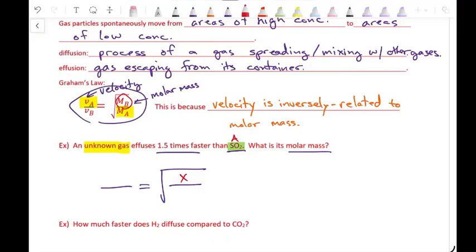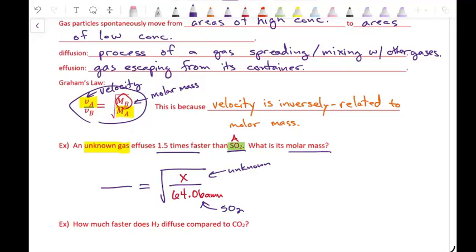Sulfur is 32.06. 2 oxygens would be another 16 times 2, so that's another 32. So we're looking at a total of 64.06 AMU. And again, just to be clear, we're calling that gas A, and that is SO2. And then the X, the unknown, is of course our unknown, right?